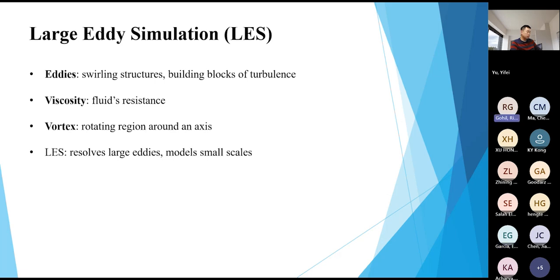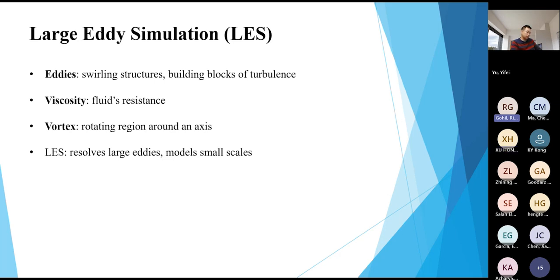Viscosity, as we all know, is the fluid's resistance to deformation. And when we talk about vortices, we mean regions of rotating flow around an axis. LES is designed to resolve the large eddies directly while modeling the smaller scales that we cannot afford to compute. This makes LES a practical alternative to DNS.